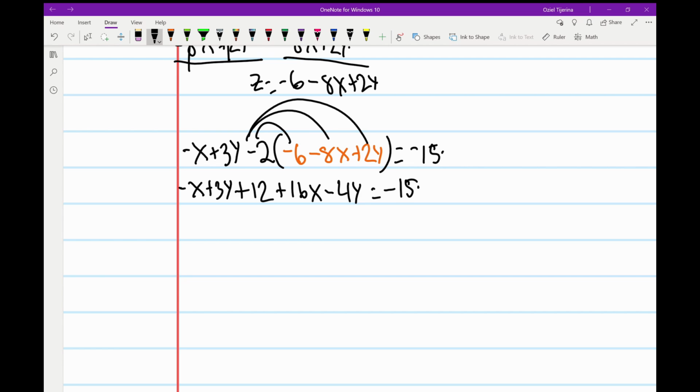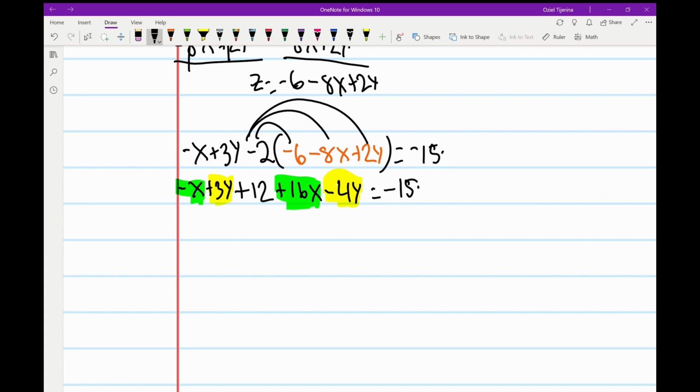And then you combine your like terms here. This is a like term, this is a like term, this is a like term, and this is a like term, okay?